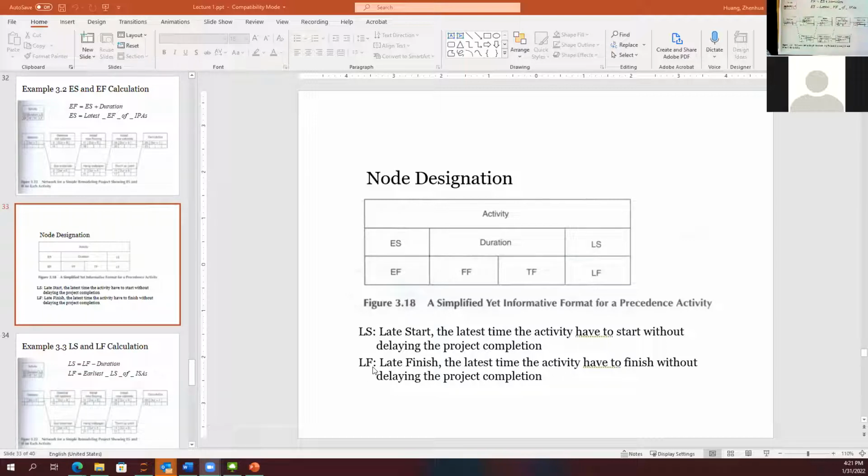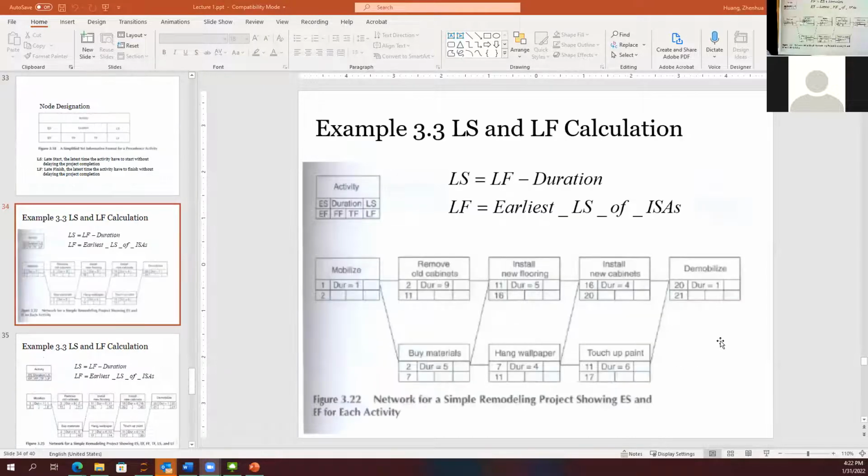Late finish is the latest time an activity has to finish without delaying the project completion date. So both of these, late start and late finish, target no delay on the completion date of the whole project. Okay, so let's go back here.